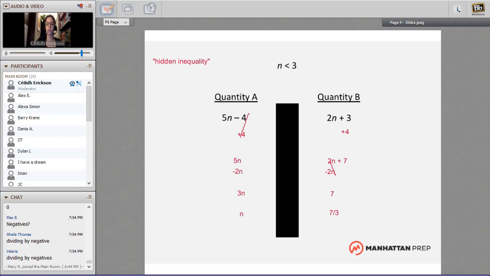What's the approximate value of 7/3? Yeah, 2 1/3. So 2.3333 repeating, so a little greater than 2. So if our question is which one's greater, n or 2.333? Well, our constraint is that n is less than 3.